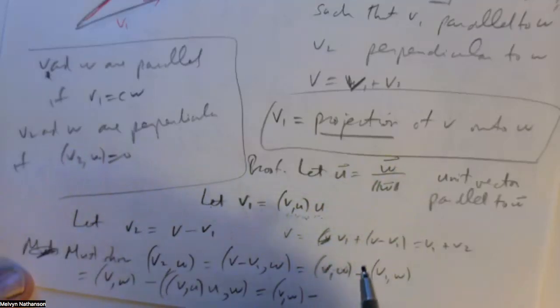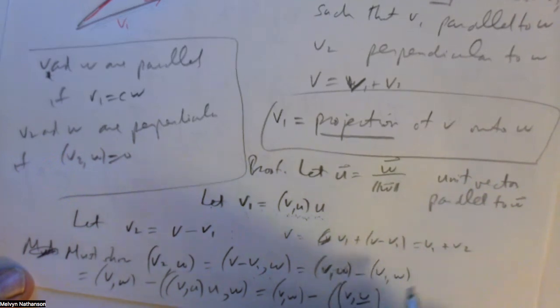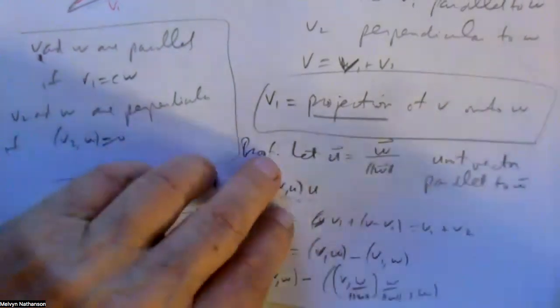U is W over the length of W. So this is the inner product of V and W over the length of W times U, which is W over the length of W, inner product with W. Let me put this on another piece of paper so I don't have to squeeze it in so tightly.